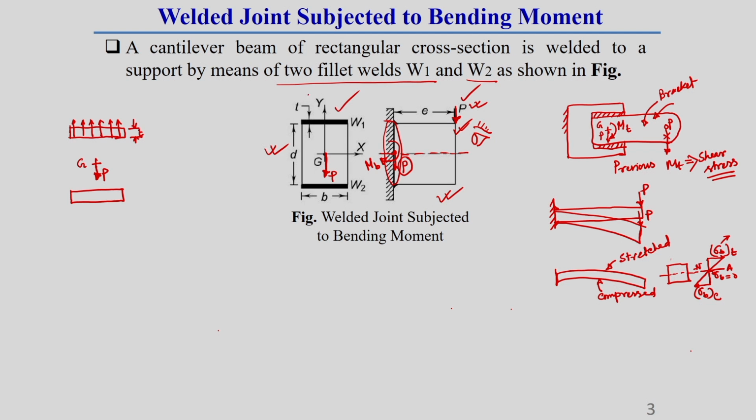Here whatever T I am showing is called throat thickness. Corresponding to this throat thickness, the cross section area we get is called throat cross sectional area. Due to this direct force P, there will act a stress. Let us consider this stress is uniformly distributed throughout the entire weld throat cross sectional area. This is called tau 1, the primary shear stress.